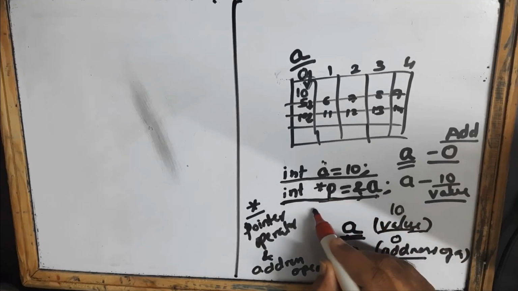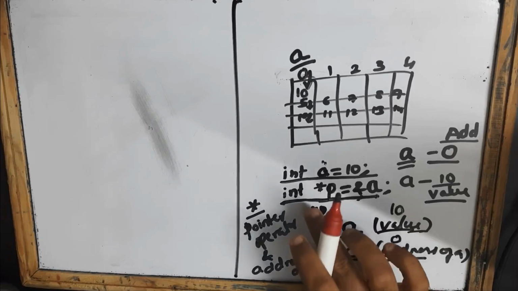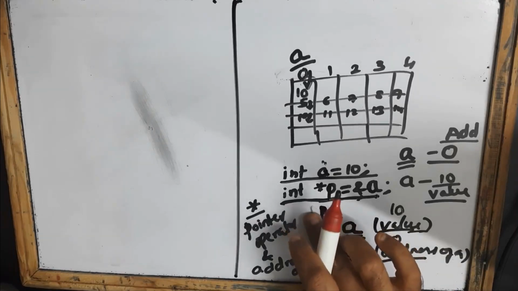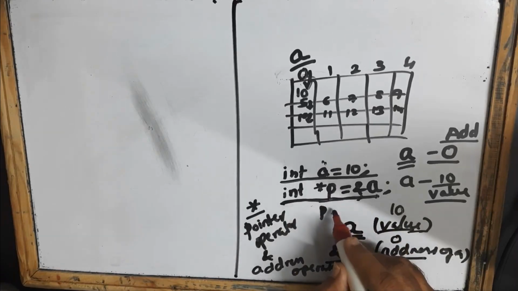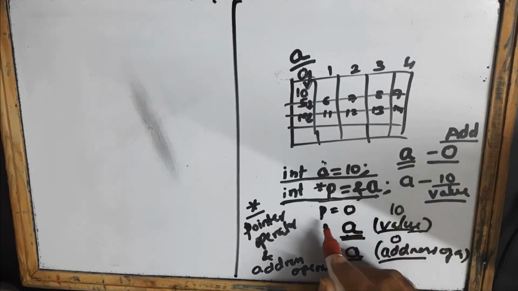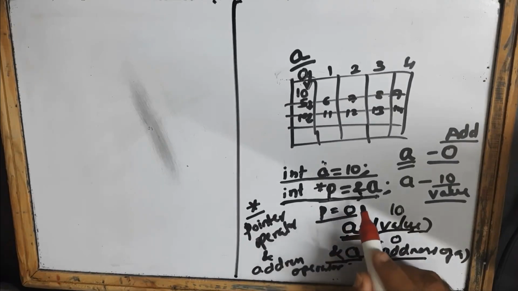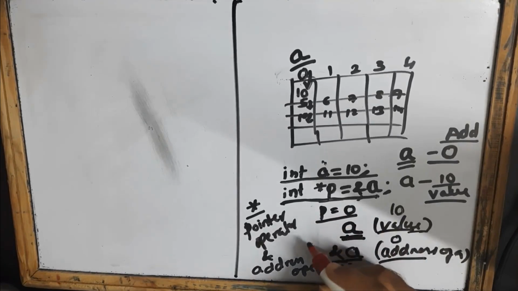That means P is assigned 0, so P is the address.